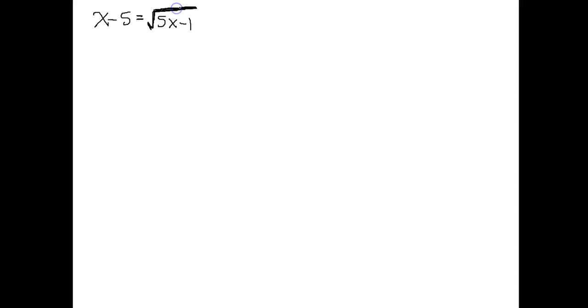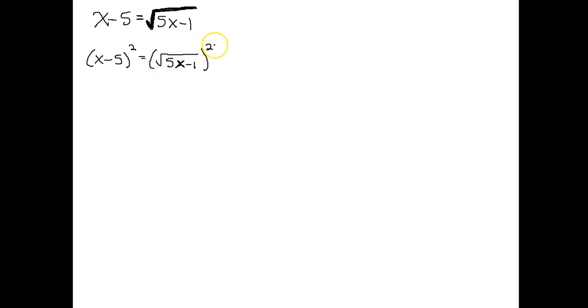Okay, so our next step is to acknowledge that it is a square root, and a square root is understood to have an index of 2. So what we're going to do to eliminate the square root is square both sides of this equation, because squaring a square root eliminates the square root sign.